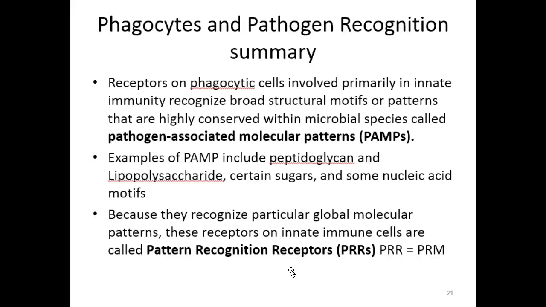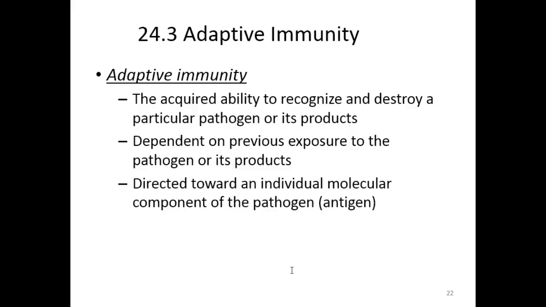Or PAMP is the peptidoglycan on the outside of a gram-positive cell. And those PAMPs are recognized by pattern recognition receptors. We'll come back to that in a little while.